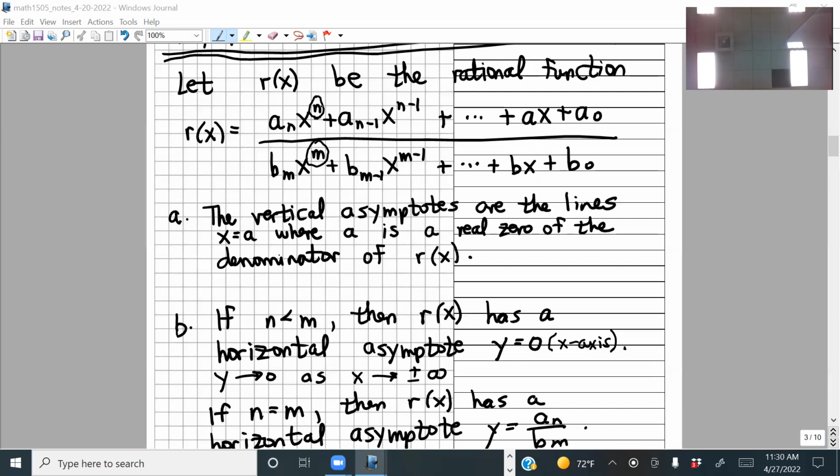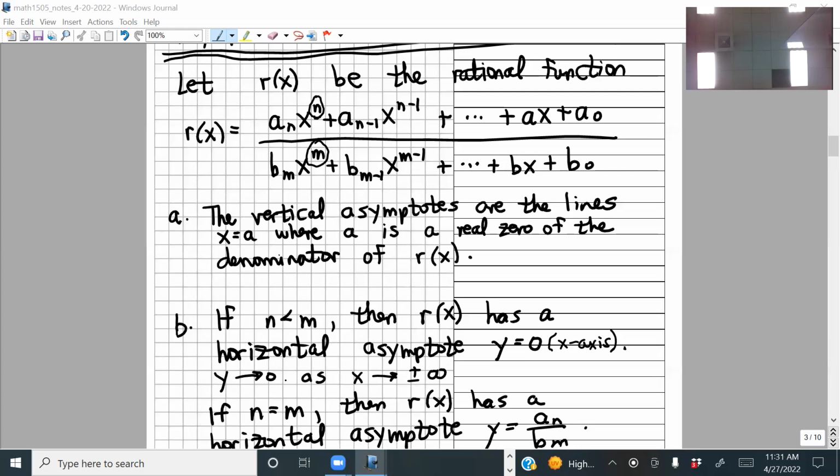So if the top degree is less than the bottom degree, y equals 0 is going to be the only horizontal asymptote. That's the same as the x-axis. What that tells you is your y values are going to approach 0 as x approaches positive or negative infinity. Or you can write this backward: as x approaches positive or negative infinity, y is going to approach 0.